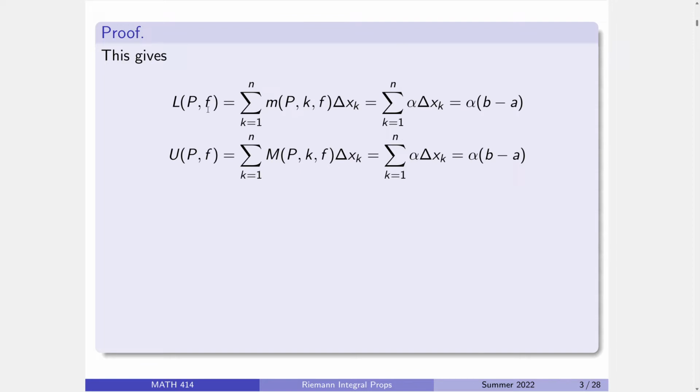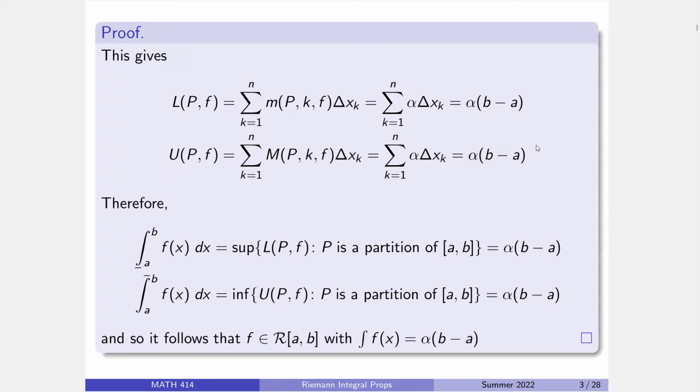And thus, when we look at the lower and upper Darboux sums, we just get alpha times b minus a and alpha times b minus a. So it's got to be that the lower and upper Darboux integrals, since the set consists of a single element, alpha times b minus a, are equal, so we must be Riemann integrable, and the value of the integral is alpha times b minus a.